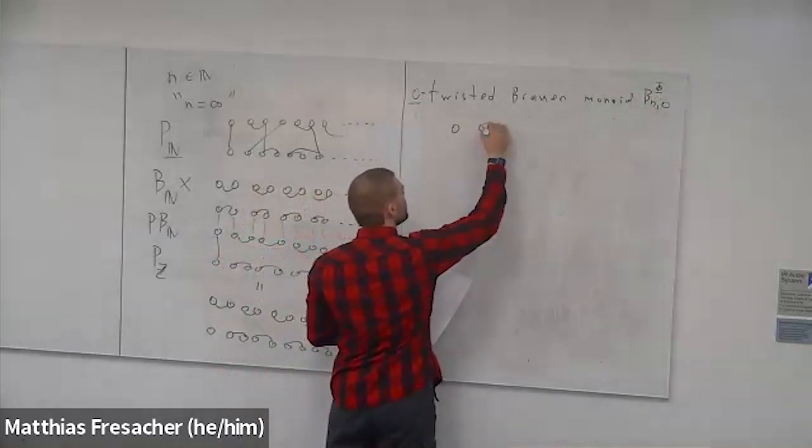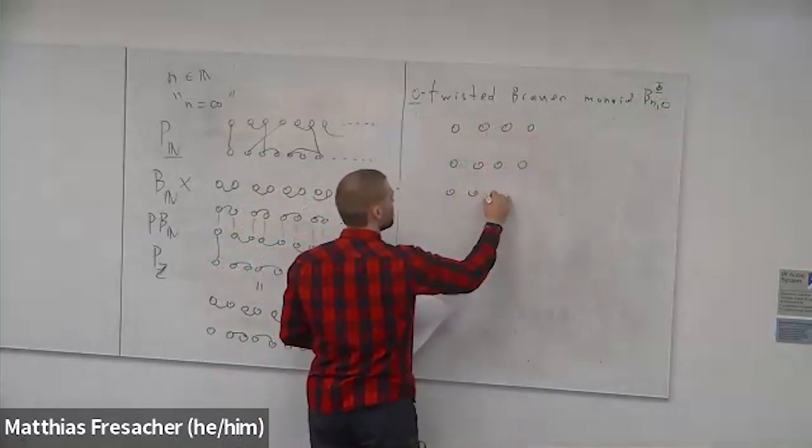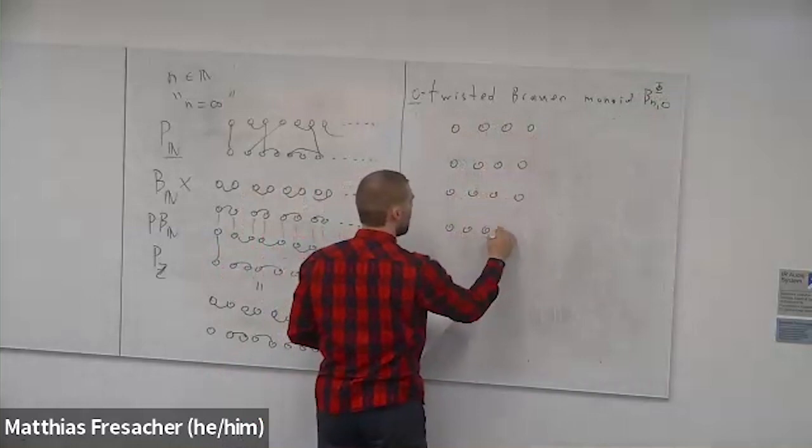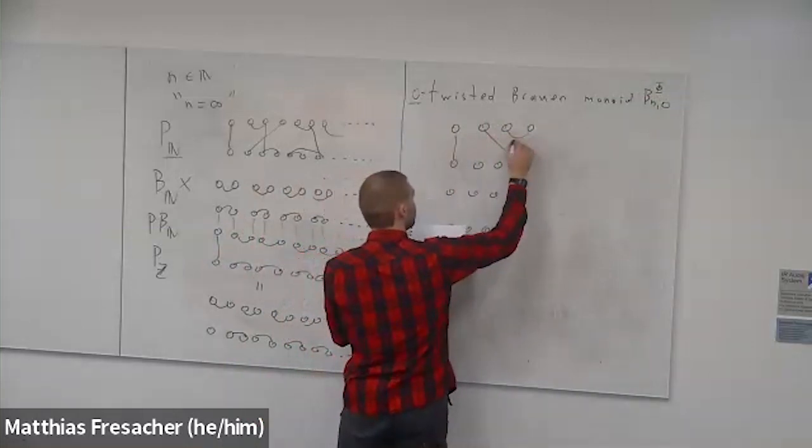Well, if we look at an example of 2 diagrams in our Brouwer monoid, say these 2.